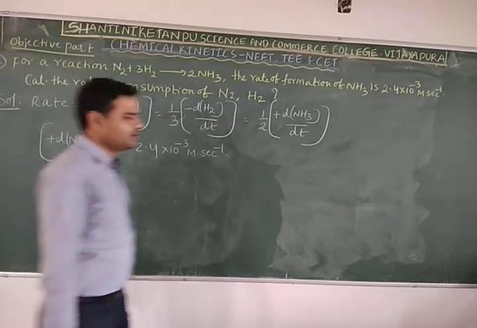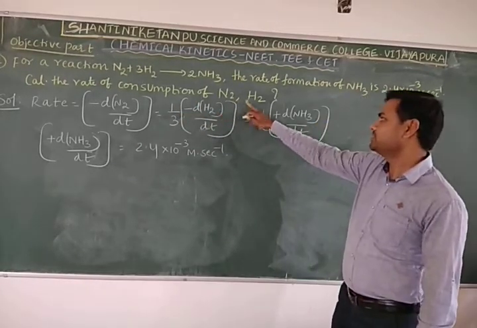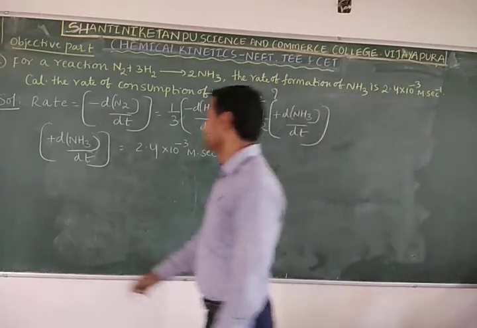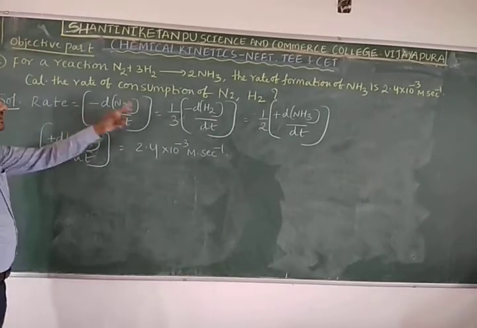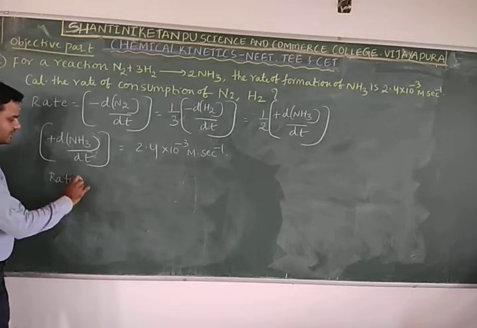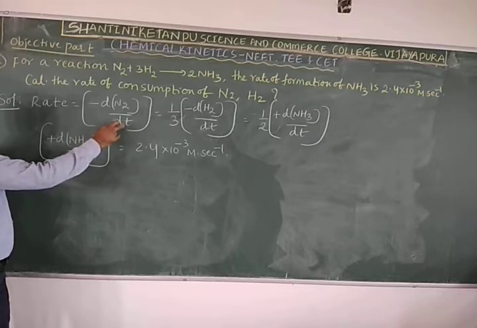With this value, what we have to calculate? We have to calculate the rate of consumption of nitrogen as well as hydrogen, and we have to take the relation. First, I am calculating rate of consumption of nitrogen. Minus dN2 by dt is called the rate of consumption of nitrogen.